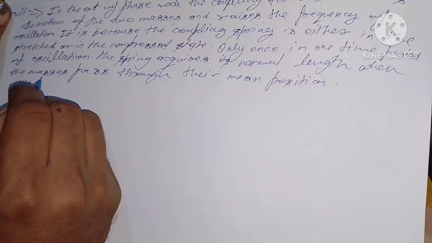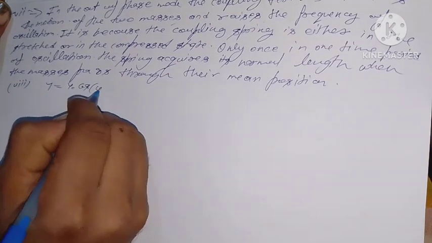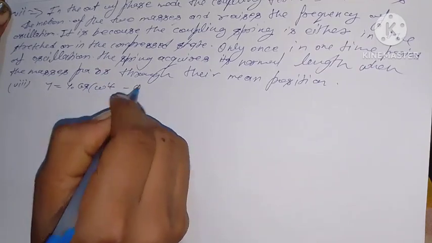Eighth point. Our solution of equation second is given by y equal to y naught cos(omega dash t minus phi dash).